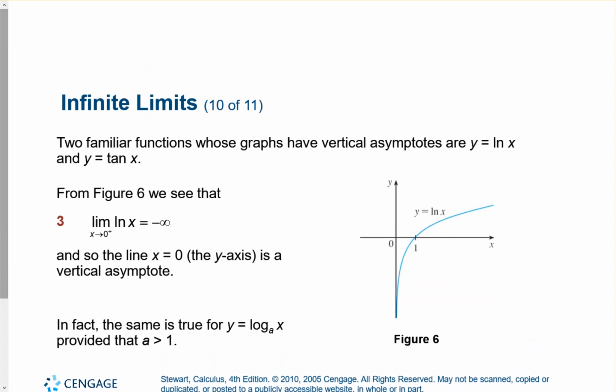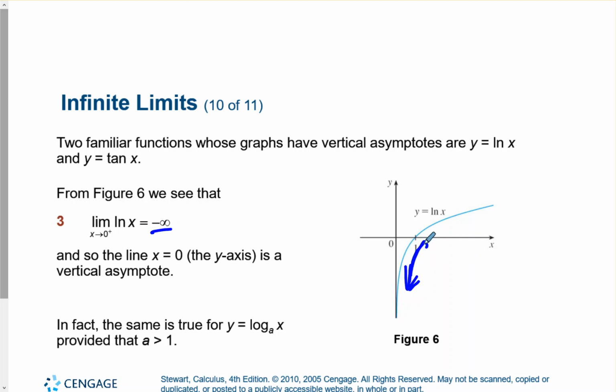So two familiar functions whose graphs have vertical asymptotes are y equals ln x and y equals tan x. Looking at the graph of ln x, we see that the limit as x approaches 0 from the right for ln x is negative infinity.